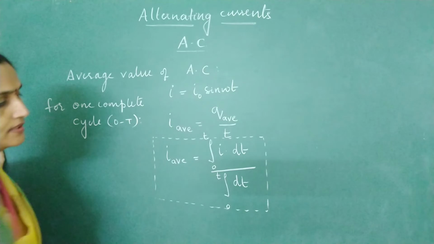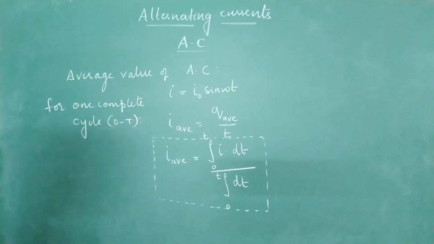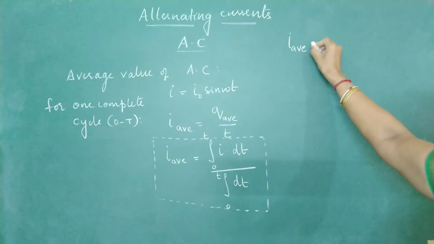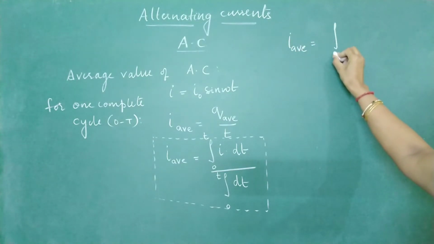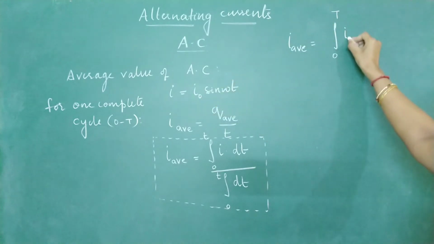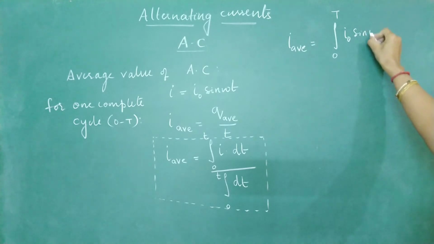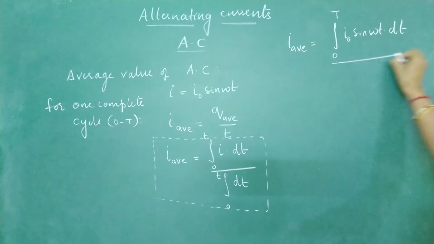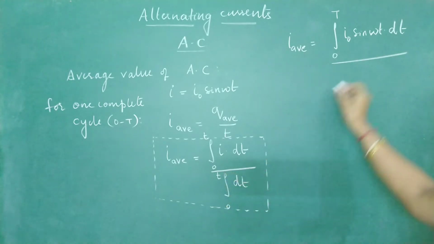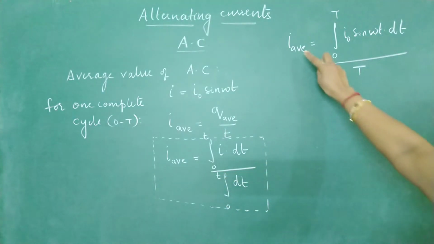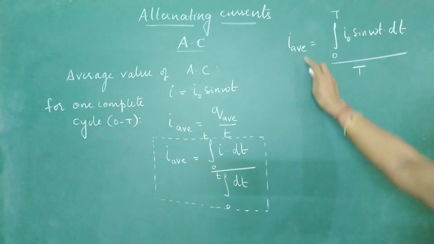So for that, let us start with this integration. I average is equal to the integral from 0 to capital T, in the place of I I will write I naught sine omega t into dt, by the integral of dt, which will be capital T, because we are evaluating it for one complete cycle.